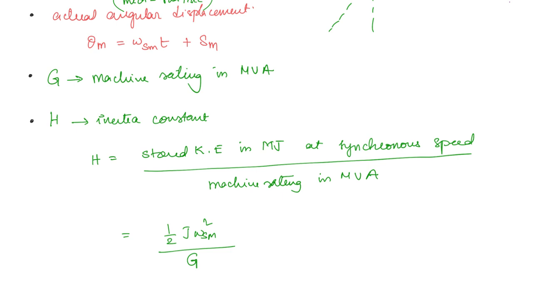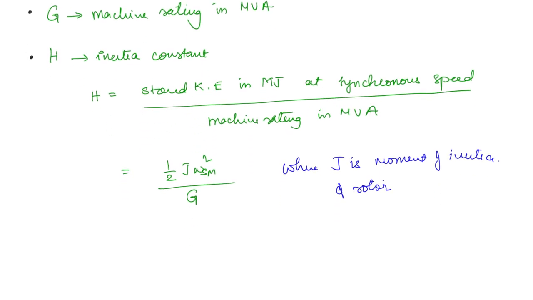Now what is J here? J is the moment of inertia. So don't get confused: H is the inertia constant, whereas J is the moment of inertia of the rotor, and ωsm is the synchronous speed in mechanical radians per second.